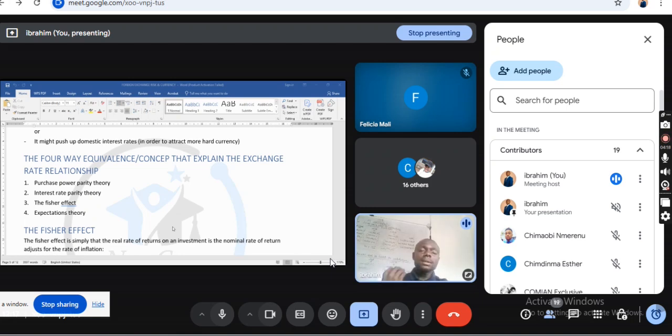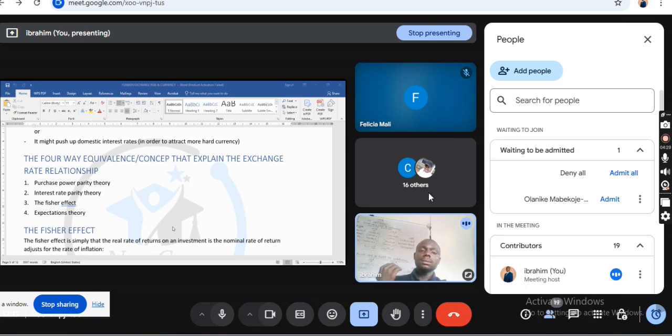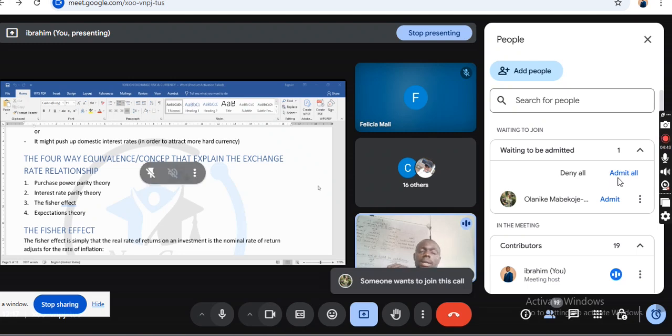This is another part that students need to know when it comes to international investment: appreciation and depreciation of currency.